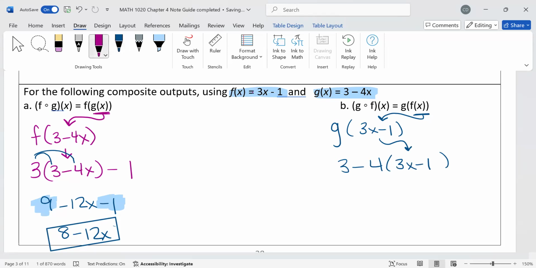At this point, we're just simplifying. So negative 4 times 3x is negative or minus 12x. And negative 4 times negative 4 is positive or plus 4. I can combine the 3 and the 4, so that's going to be a 7 minus 12x.